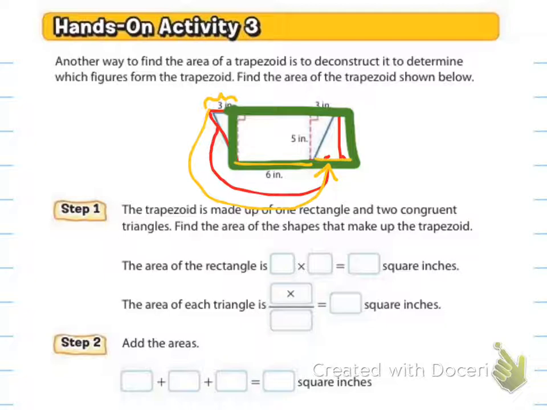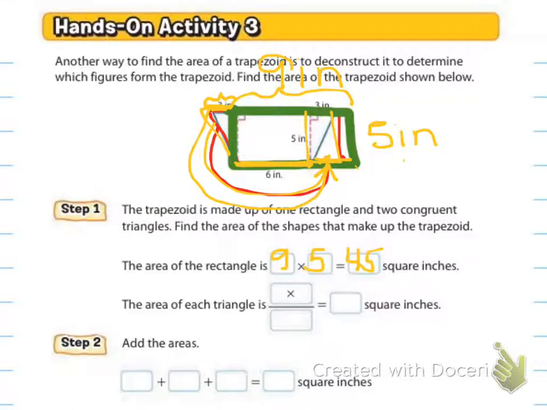So the total length of the side of the rectangle would be this plus this, so that's going to be 9 inches. And the height is still the 5 inches. Because I'm moving and combining my two little wings to make a rectangle, I would do base times height, which would be 9 times 5. So the area of the rectangle would be 45 inches squared.